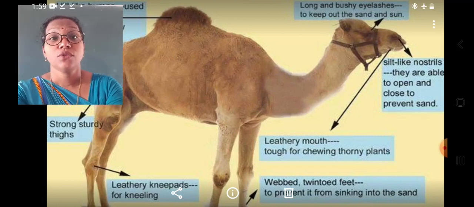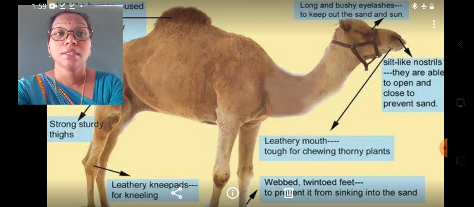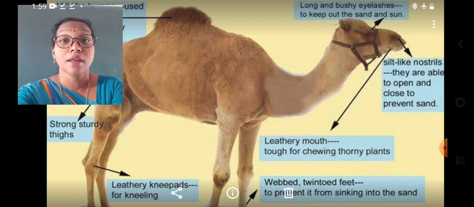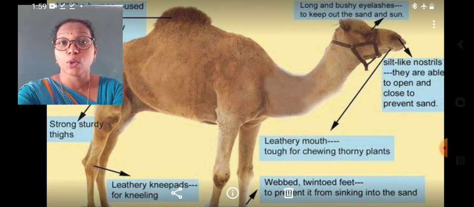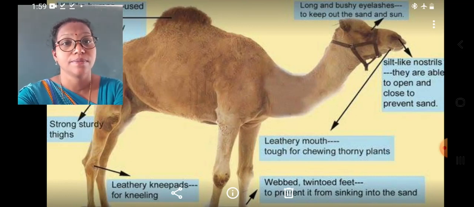That means the thick eyelashes of the camel protect their eyes from the sandstorms and also from the severe glare of the sun. The slit-like nostrils help them to open and close the nostrils to prevent the entry of sand.